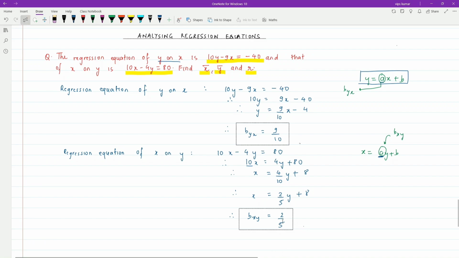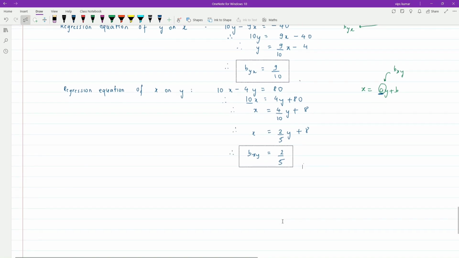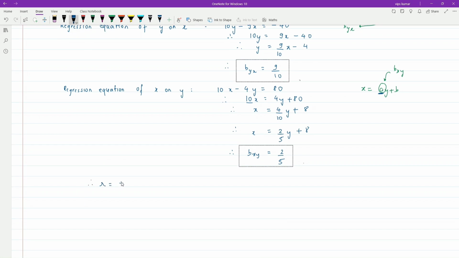Once you're done calculating both the regression coefficients, we can find out r, which is the product moment coefficient of correlation. So r is going to be plus minus square root of bxy into byx.